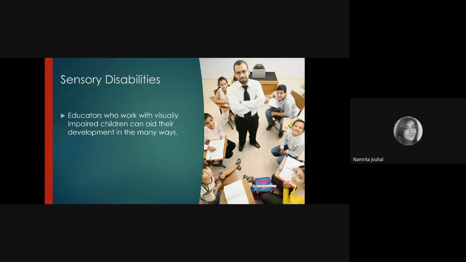Okay, so the sensory disability. Sensory disability is where children may have an impairment, or they may have some listening aid, or anything that means they are not able to function sensorially like a normal child.